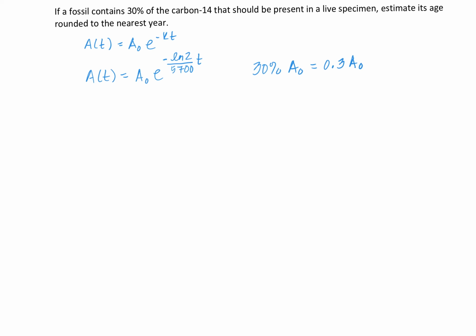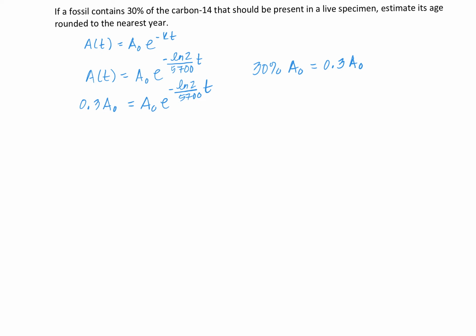If I substitute 0.3 A sub 0 for the A of t, then this is the equation I would have. 0.3 A sub 0 is equal to A sub 0 e to the negative natural log of 2 over 5,700 times t.